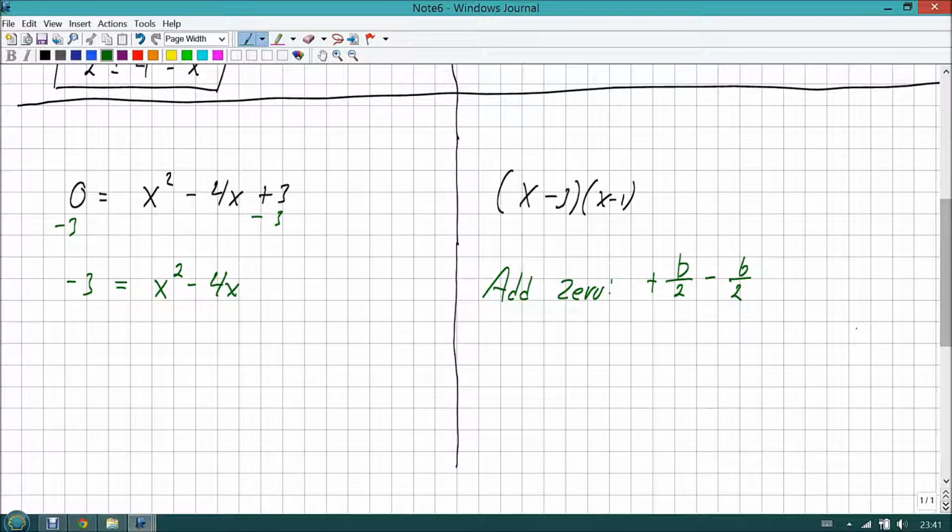We're just adding a 0 that forces it to become a perfect square trinomial. So I am going to add negative 4 over 2, and I'm going to subtract negative 4 over 2. And when I do that on my next line, I have negative 3 is equal to x squared minus 4x minus 2, and then plus 2.